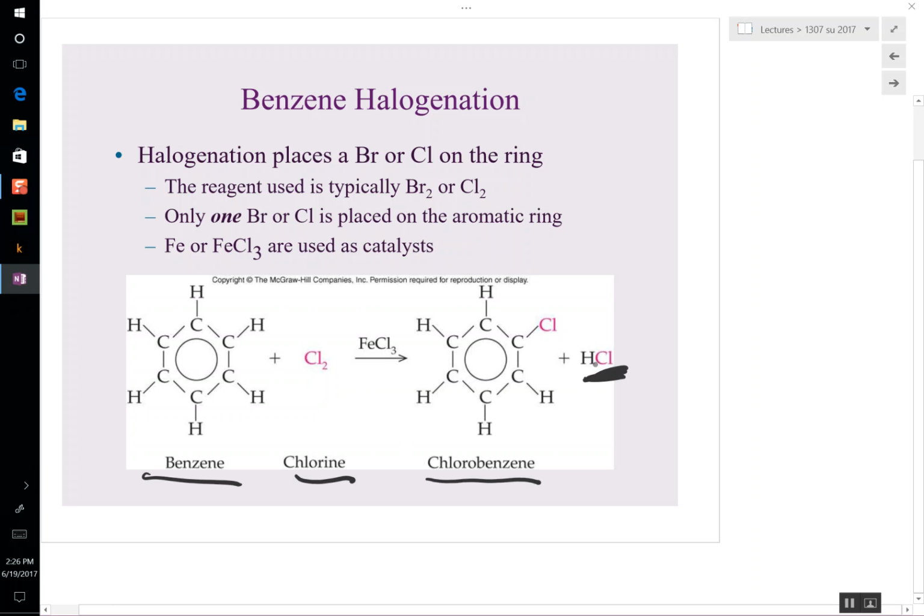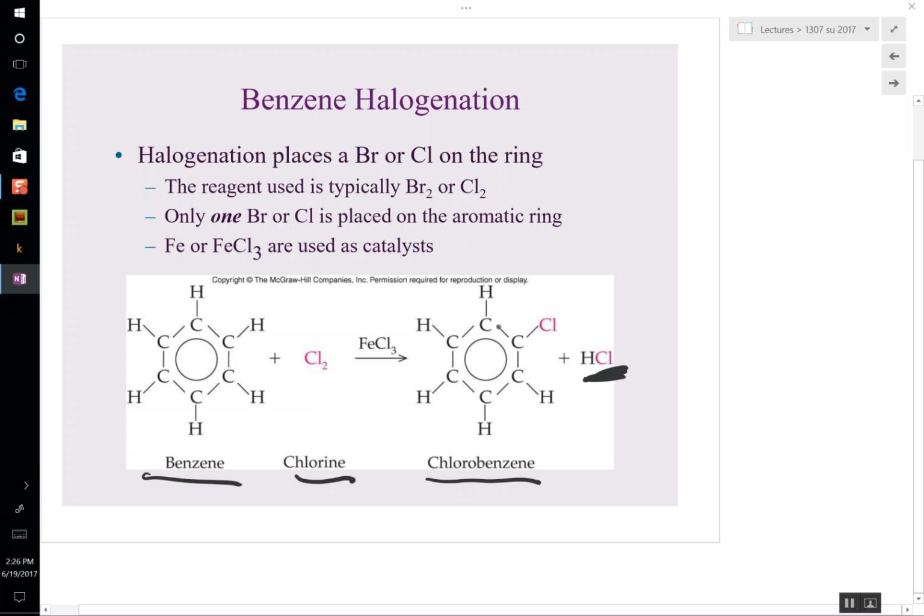You're not adding, and you haven't eliminated a double bond. It's still benzene. It's now chlorobenzene. You've added a chlorine on there, but not two chlorines, just one. Follow me? So that's the essence of the halogenation of an aromatic.